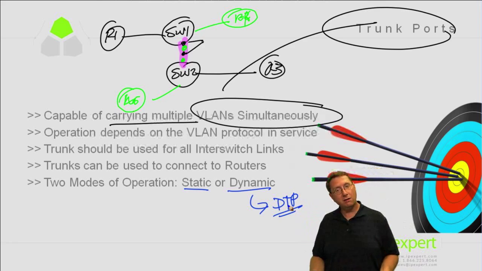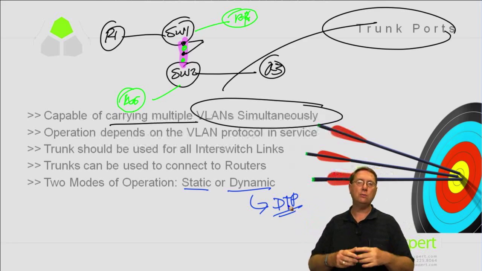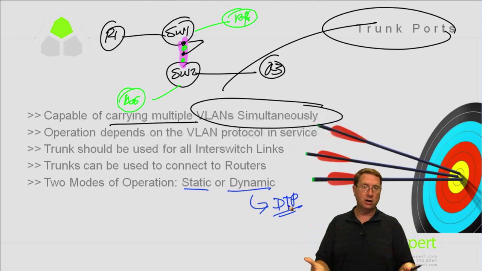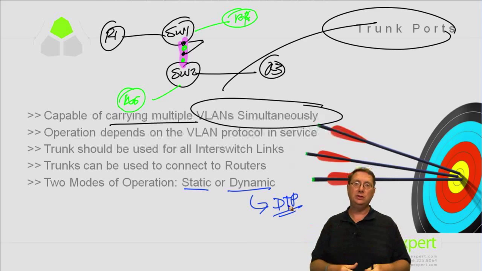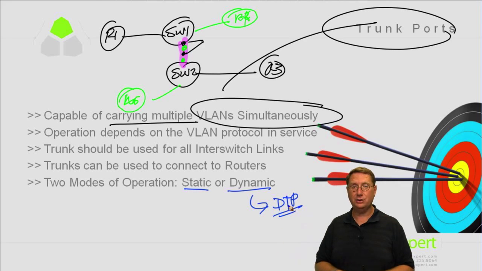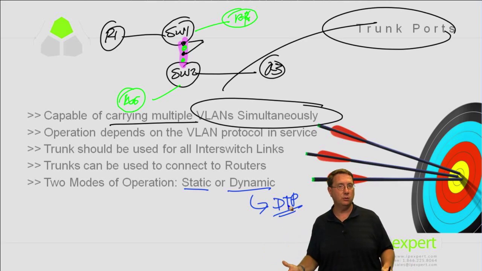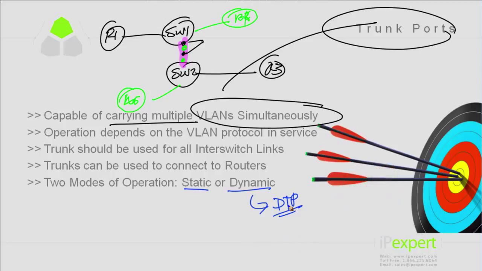I merely want to make us aware of the fact that ISL exists, and also point out that if you bring a trunk up and they say to use the .1Q protocol, then some of these devices may not actually come up through the dynamic negotiation to satisfy the particular criteria of a question. So I just want to make certain that we're aware of these. We will see it when we get into the actual gear, but keep in mind that it's through this idea of exchanging information that we can bring up these inter-switch links. Inter-switch links is also just another name for a trunk.